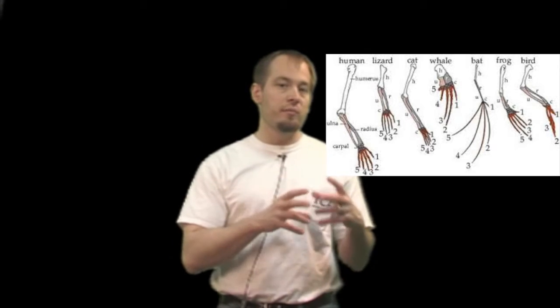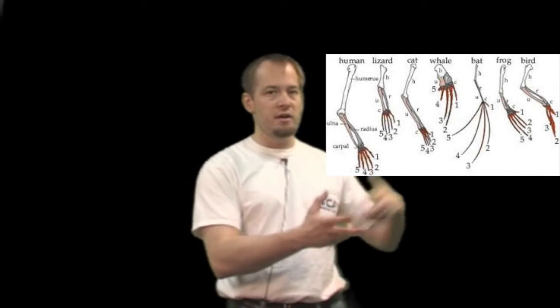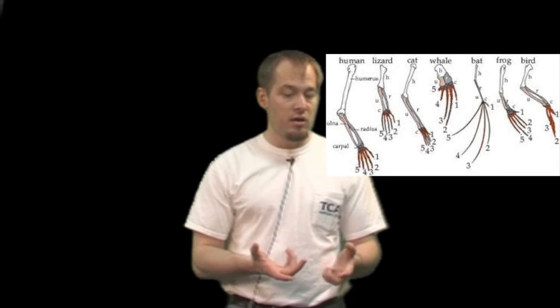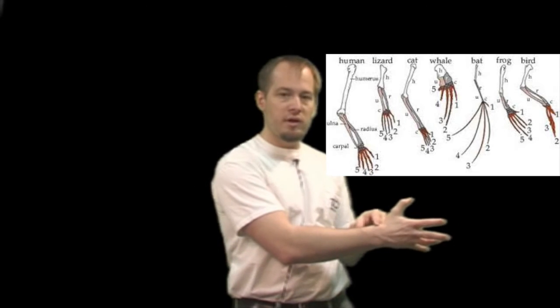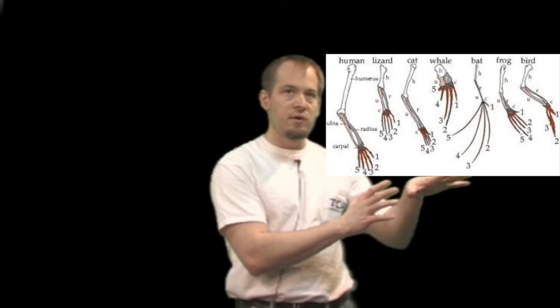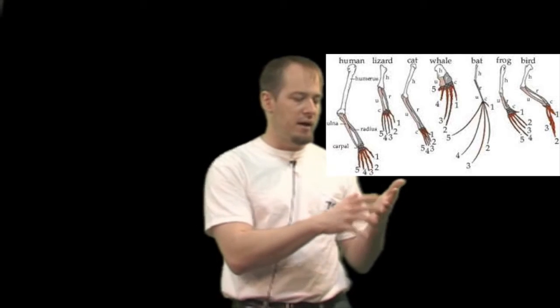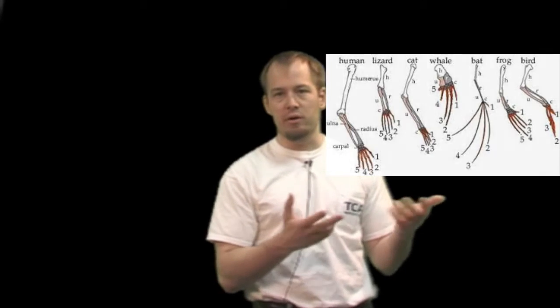And so the idea is that even though they perform different functions, the bone structure is similar, and that they were therefore all related in the past to some ancestor that had the same bone structure, which would be one bone in the upper part, two bones in the lower edge of the limb, and then some kind of 5-finger or 5-digit arrangement in the hand or paw or whatever it is.